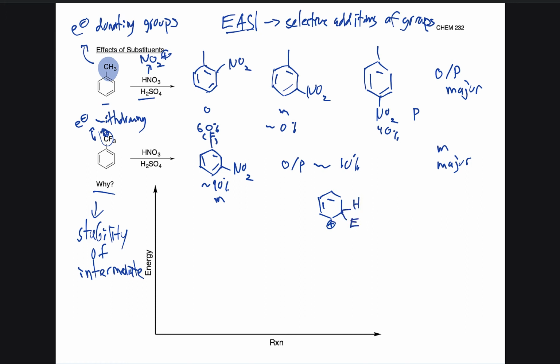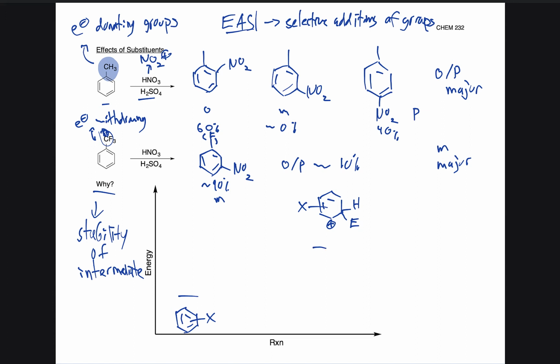So we have our intermediate, and then we have a substituent somewhere on the molecule, which we can denote as X. And so our starting material, again, benzene with some substituent somewhere, we're just denoting as X. What we end up seeing is, for the intermediate, the energy level is higher.